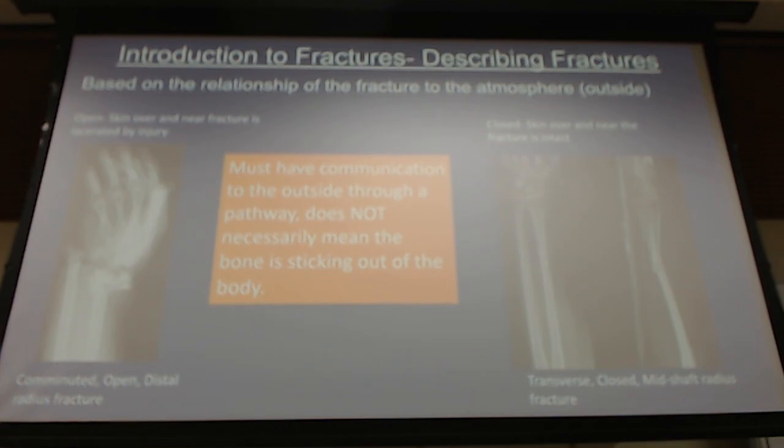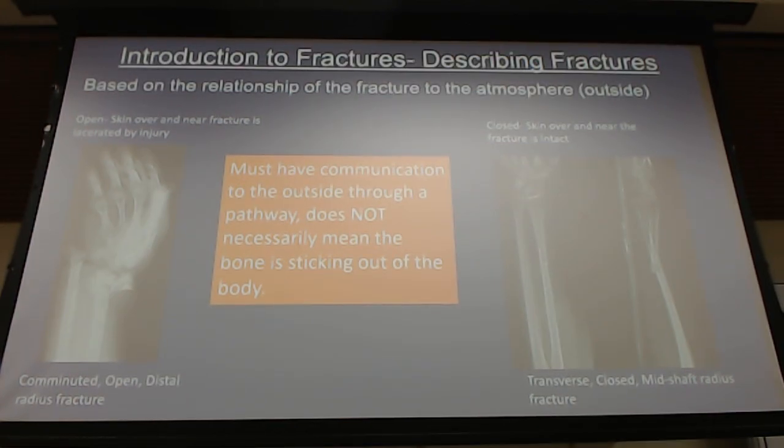Now, I said that the open wound does not have to be directly over the fracture site for it to be an open fracture. Now, if you've got a tib-fib fracture and he's got a puncture wound over the quadriceps, over the thigh, it's not an open fracture.